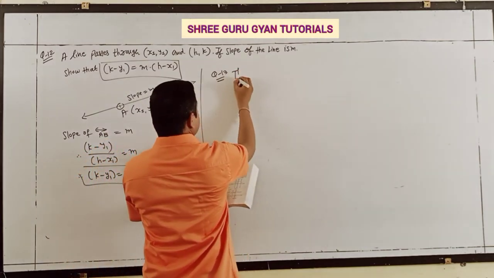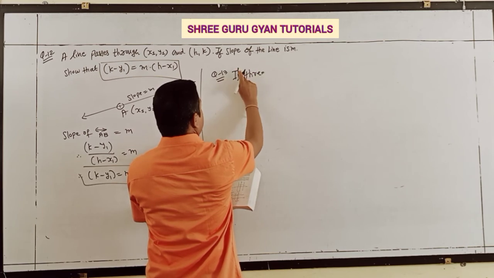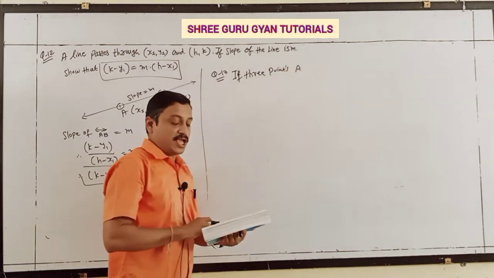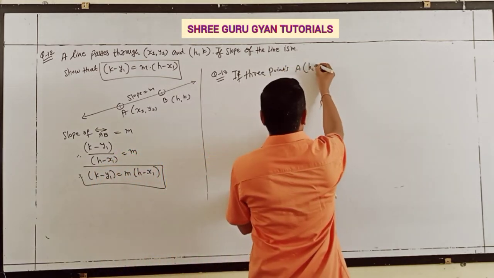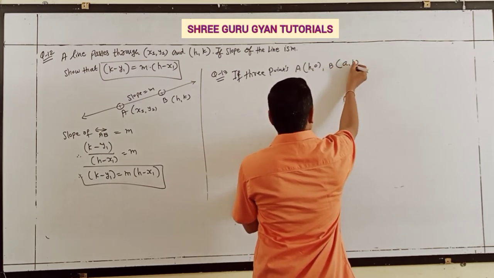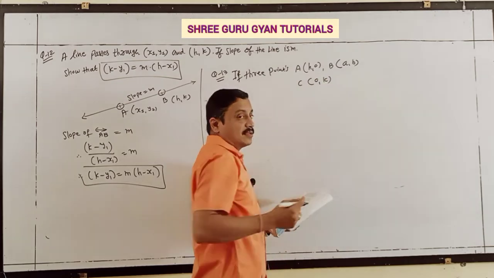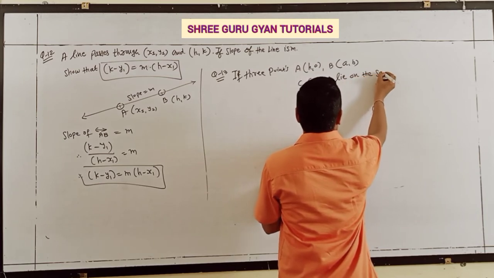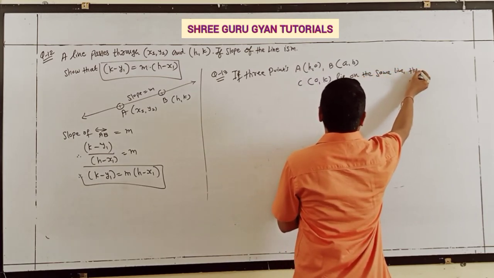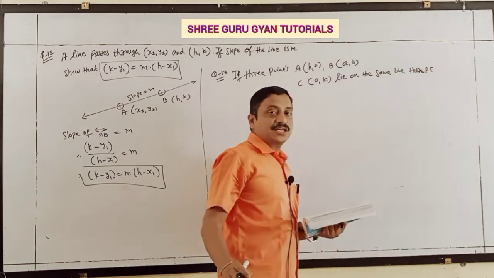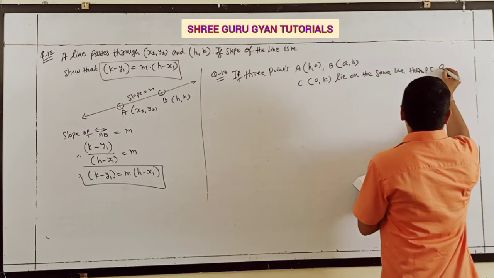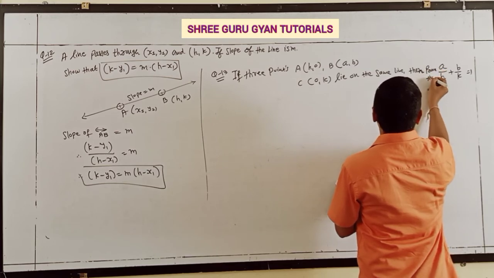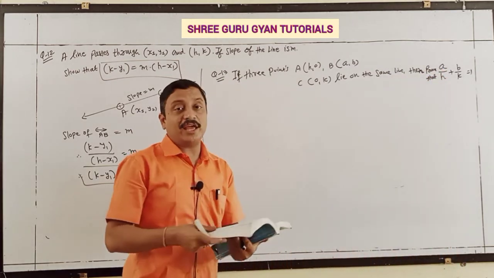If three points A, B, C, where A is (h, 0), B is (0, k)... consider A is (h, 0), B is (a, b), and C is (0, k) lie on the same line, then prove that, students, our target is to show that a upon h plus b upon k is equal to 1. Prove that a/h + b/k = 1.